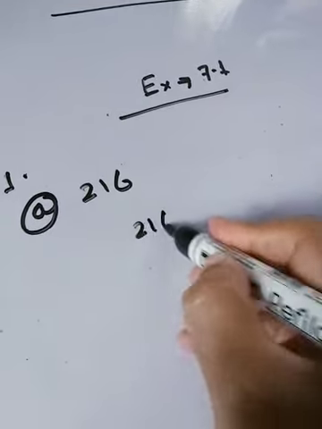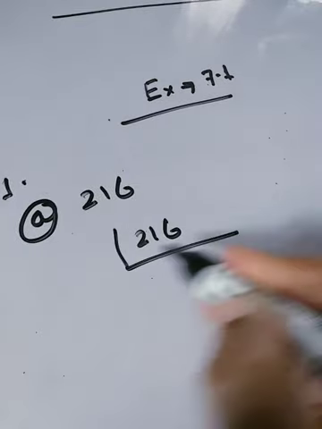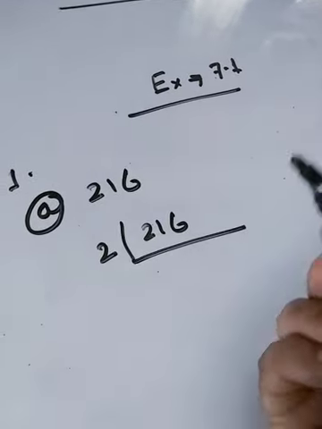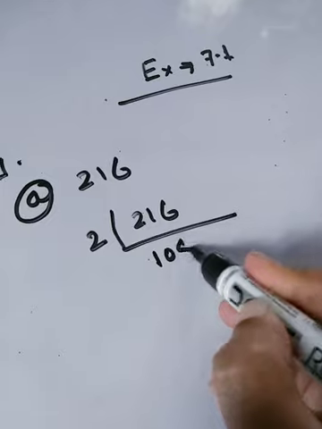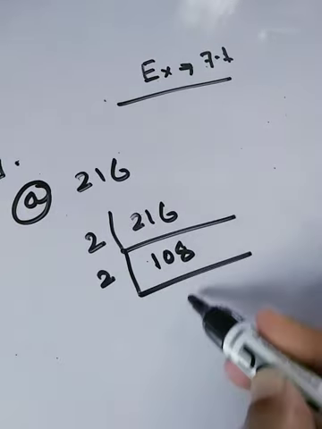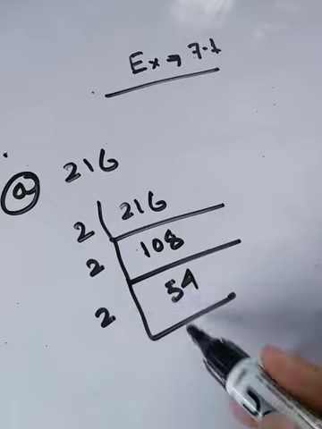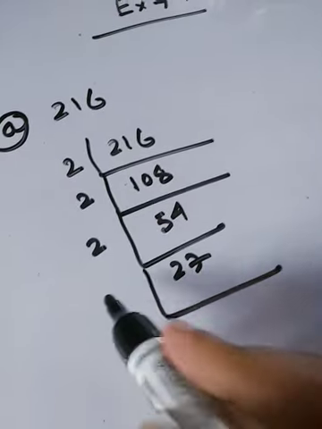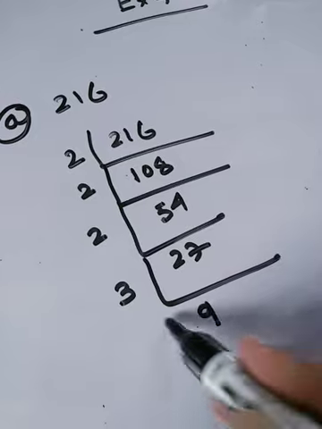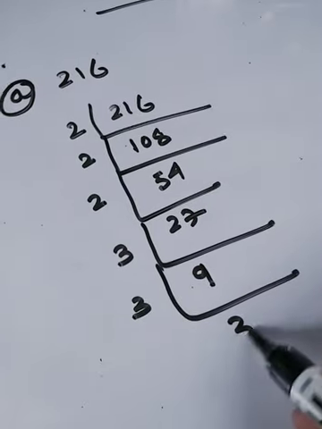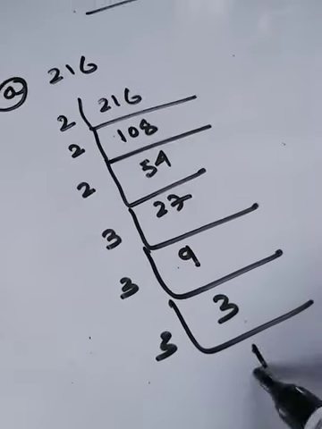Let me check whether 216 is a perfect cube or not. So it will be 108, 54, 27, 9, 3, 1. 3 9s are 27, 3 3s are 9, 3 1s are 3.